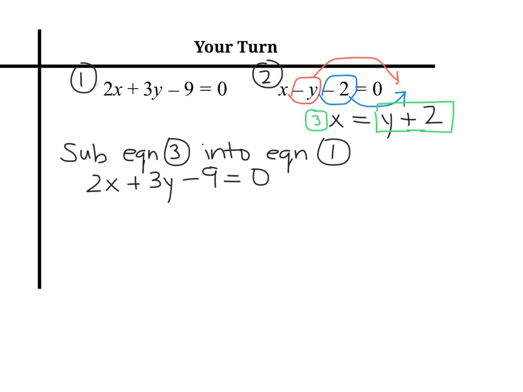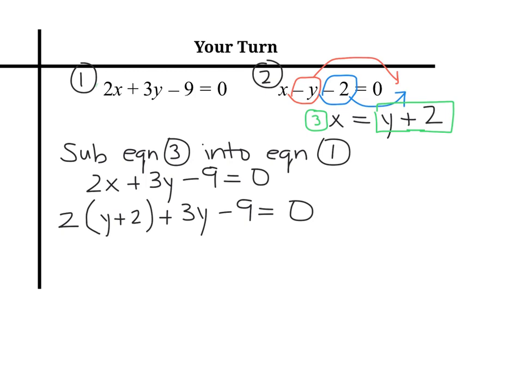So I recopied equation number 1, 2x plus 3y minus 9 equals 0. And now in the place of x, I'm going to substitute equation number 3, which was y plus 2. And then the rest just gets recopied.